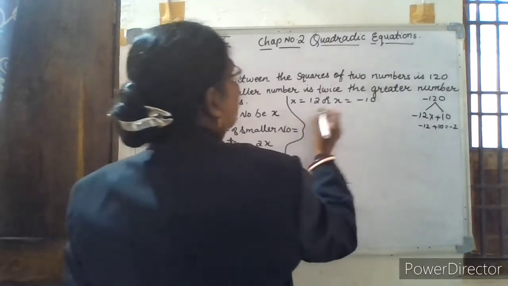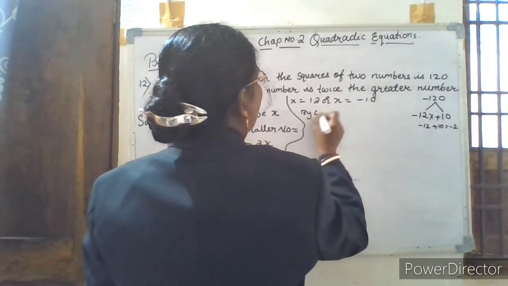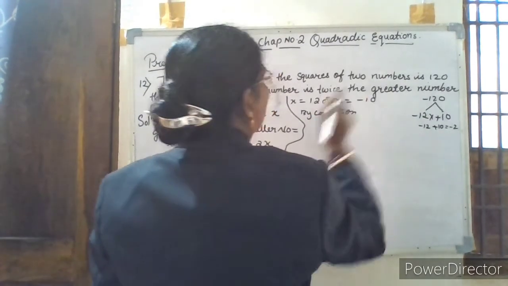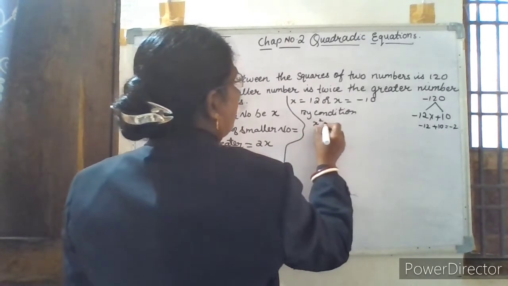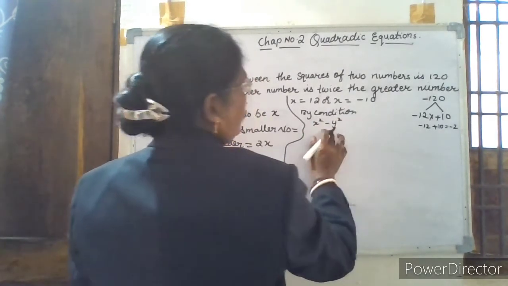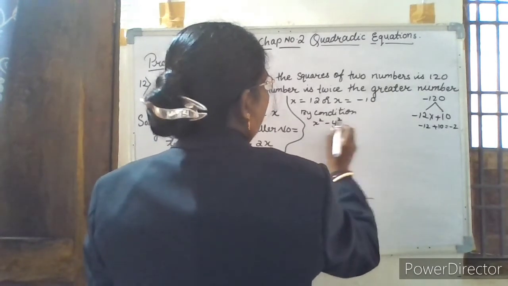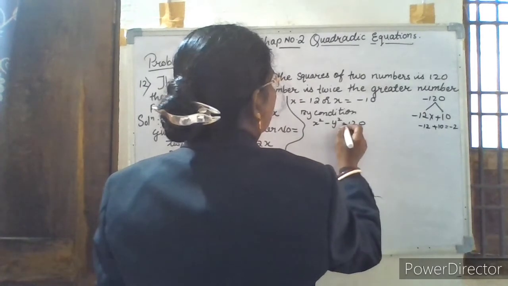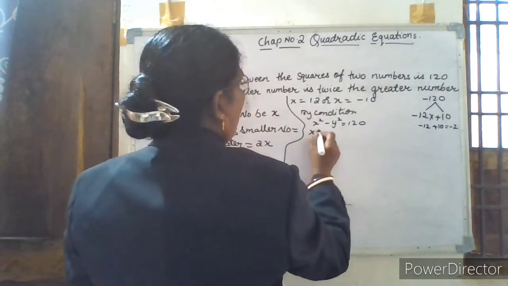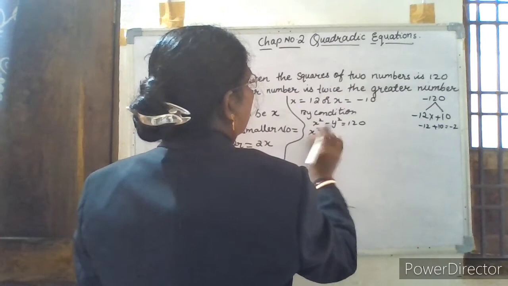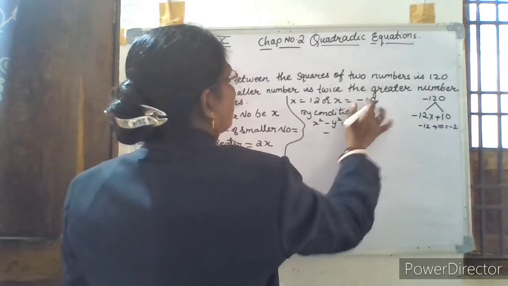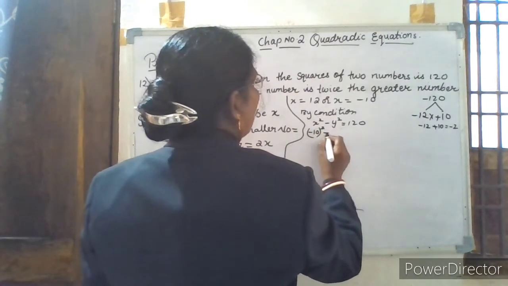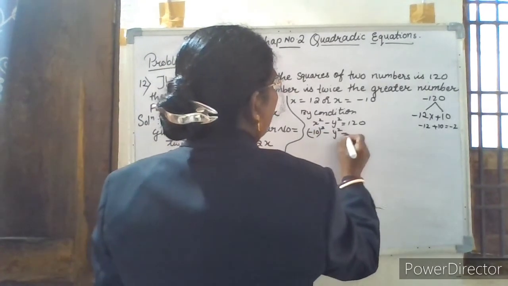So if we take x equal to minus 10 and take the smaller number as y, x squared minus y squared is equal to 120. So x squared, with x taken as minus 10, this whole raised to square, minus y squared is equal to 120.